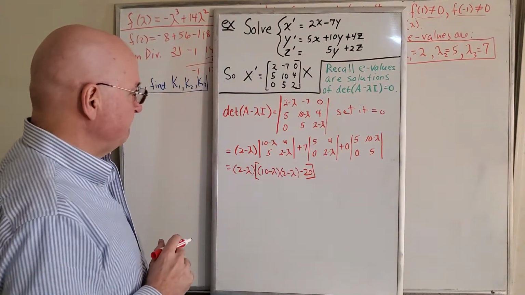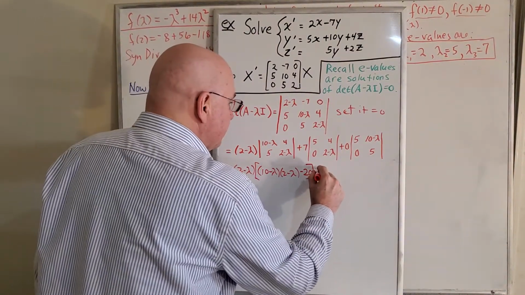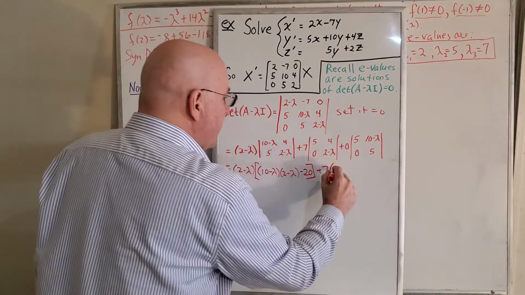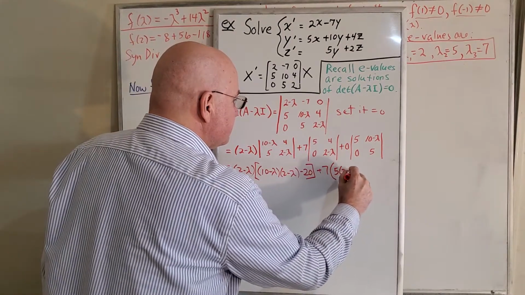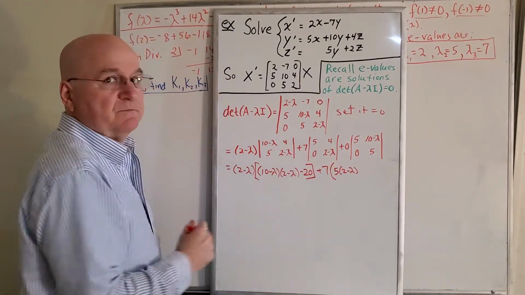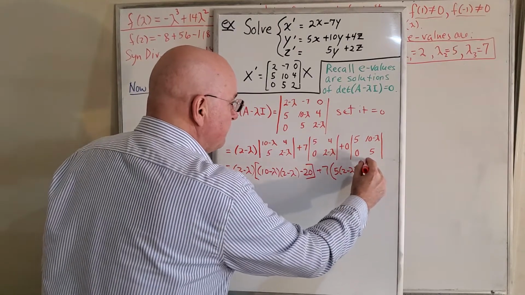So that's the first term. And the second term is plus 7 times 5 times 2 minus lambda, minus 0. I'll go ahead and put minus 0.